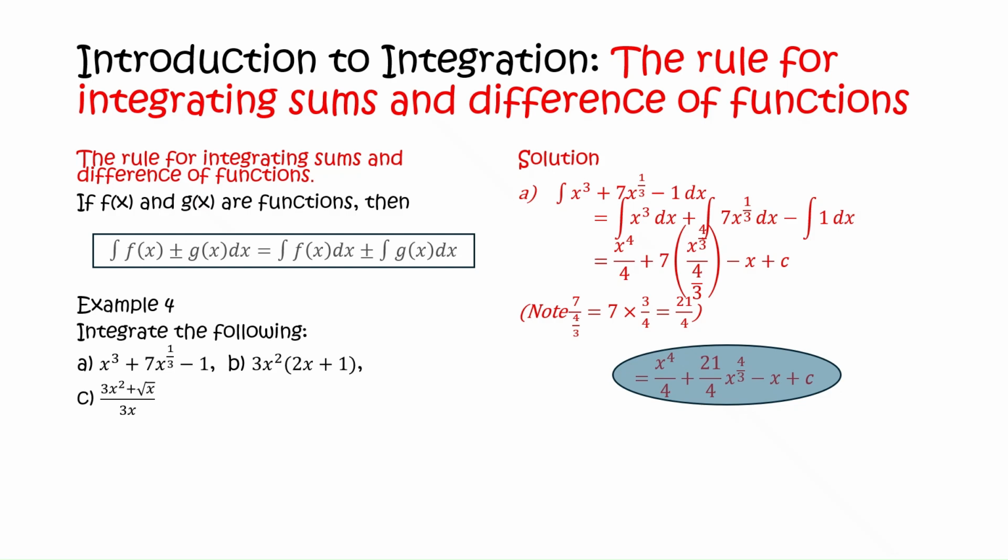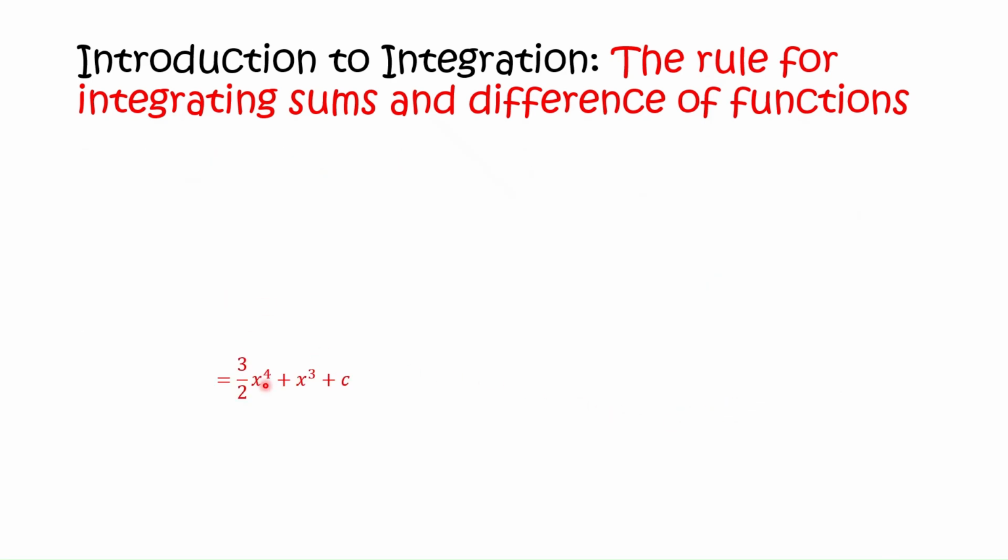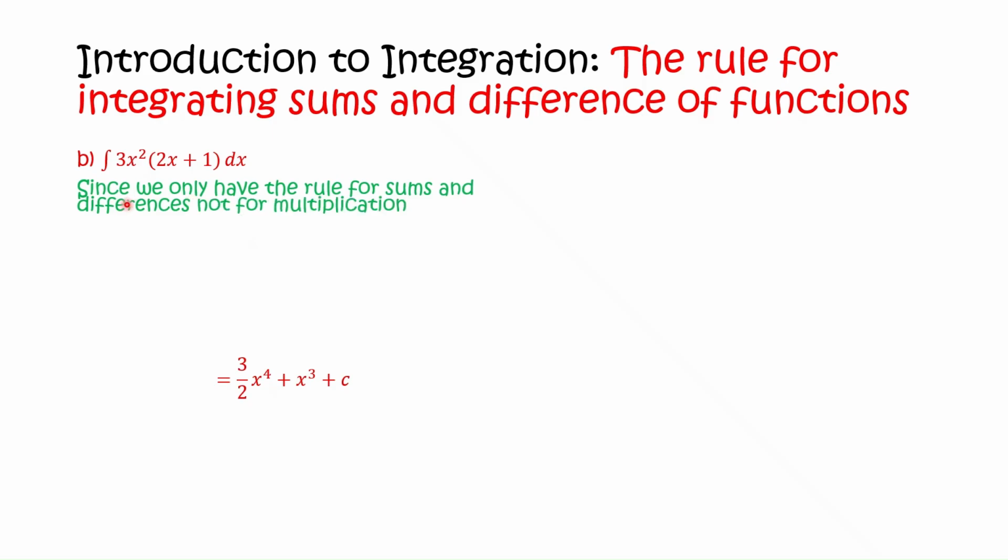Now, looking at example B. Right, so with example B, because we haven't covered how to deal with the multiplications yet, it is wise for us to expand the brackets first, and afterwards we integrate using the sums and differences of functions.